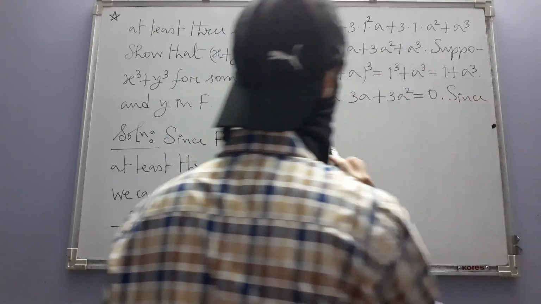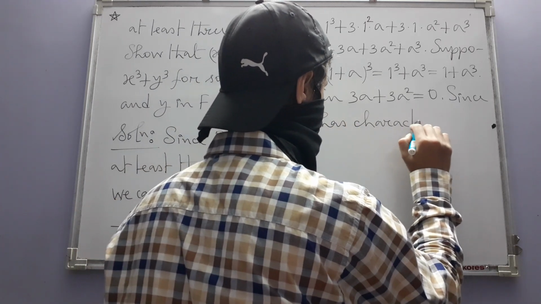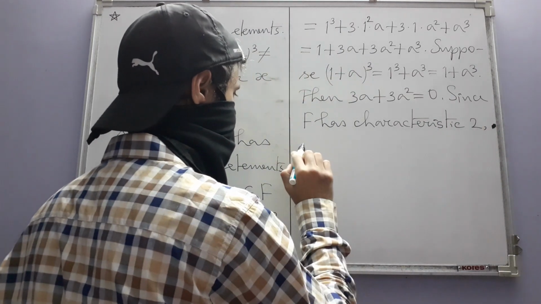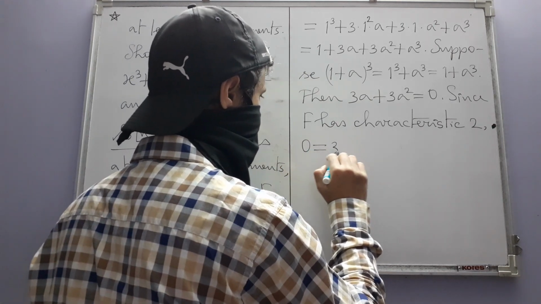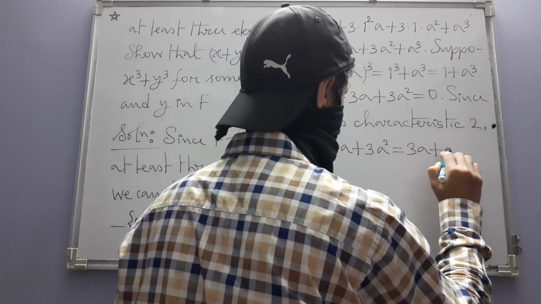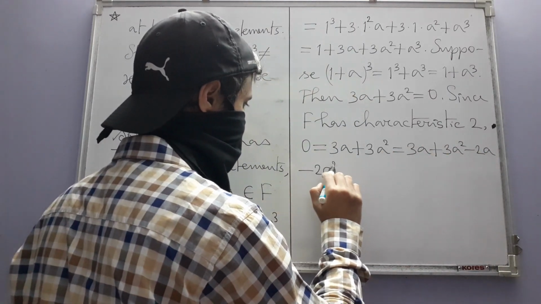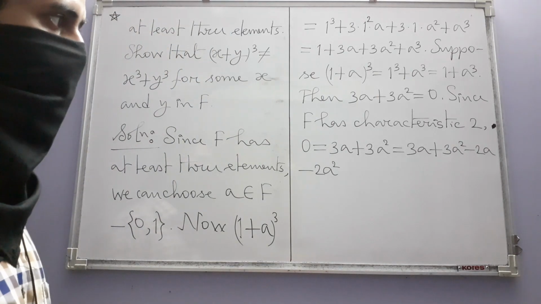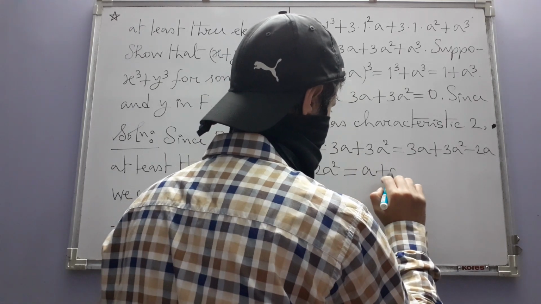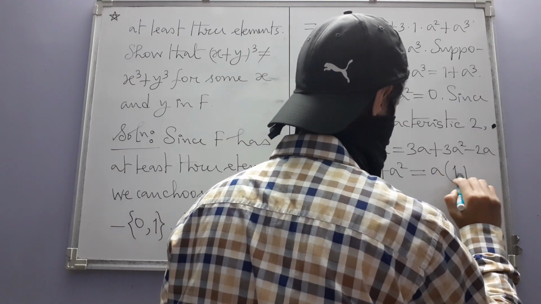Since f has characteristic 2, so 0 is equal to 3a plus 3a square minus 2a minus 2a square, because this minus 2a and minus 2a square both are 0 in this field. So that means we have a plus a square, or a times 1 plus a.